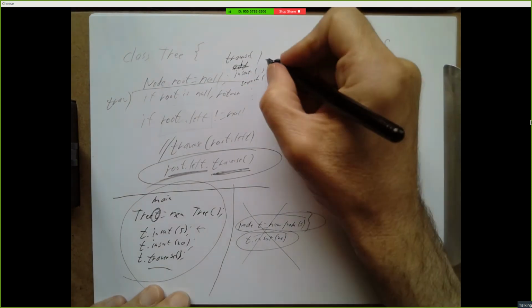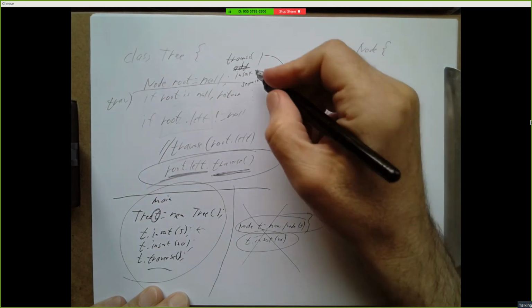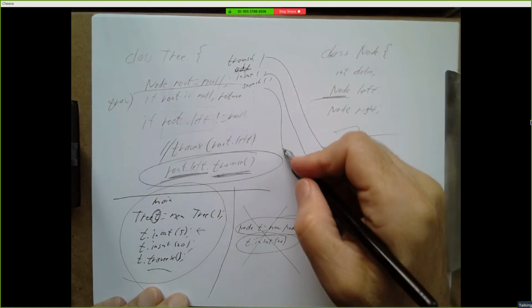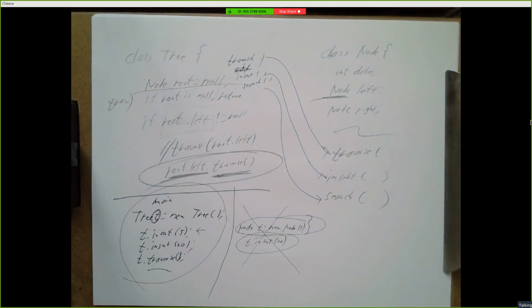And those are just going to be wrappers or front ends to the methods in the node class. So that's a little weird, but once we code it up, I think it'll make good sense.